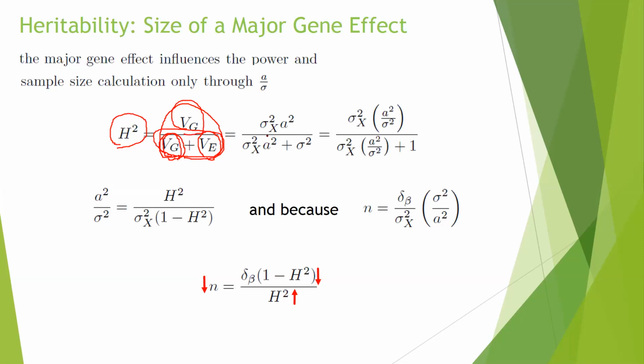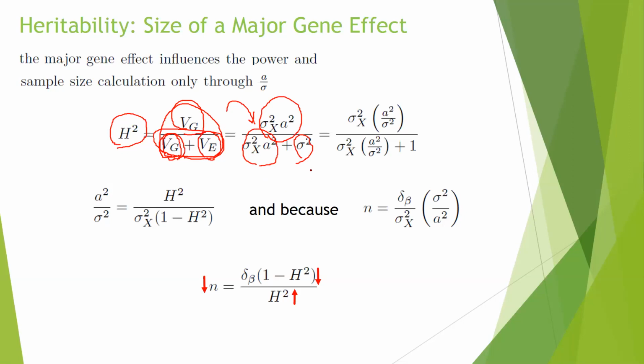Now going to the next step. Because we only consider the additive effects, this is the narrow sense heritability, right? In this situation, the variance due to the genetics is only expressed by the additive effects, and the denominator is the variance due to the additive effects plus the random error variance.